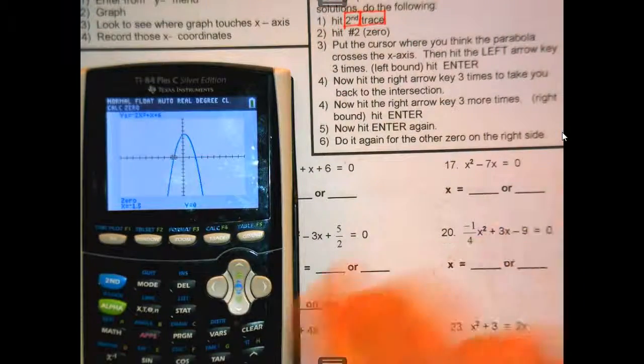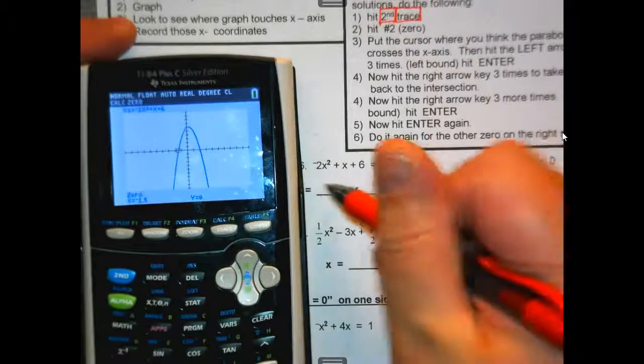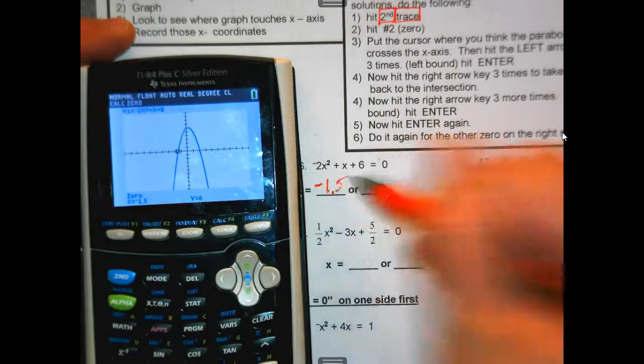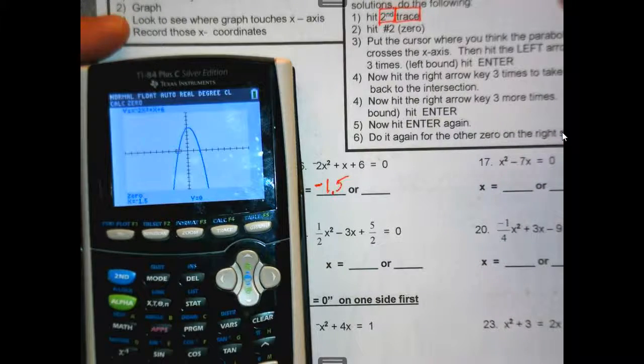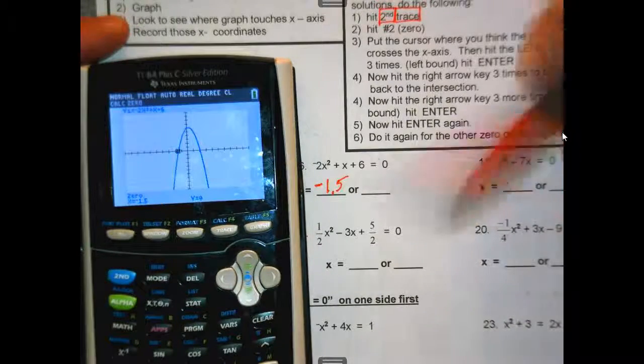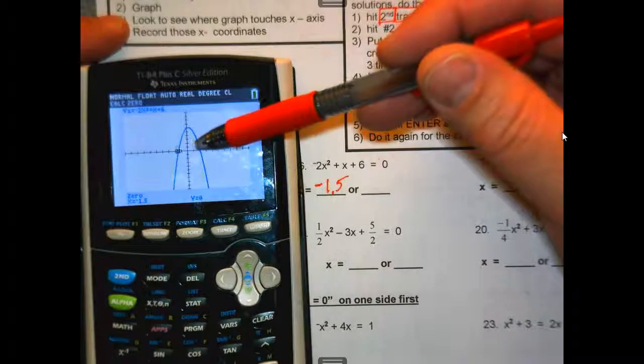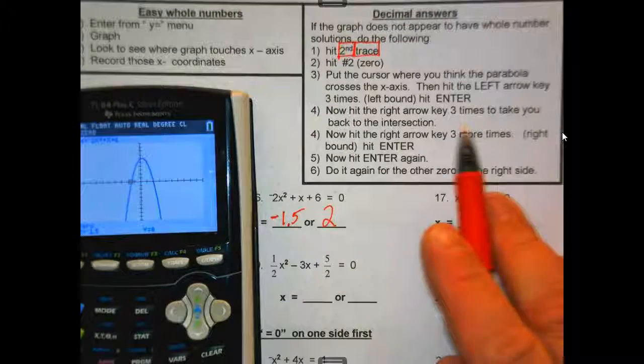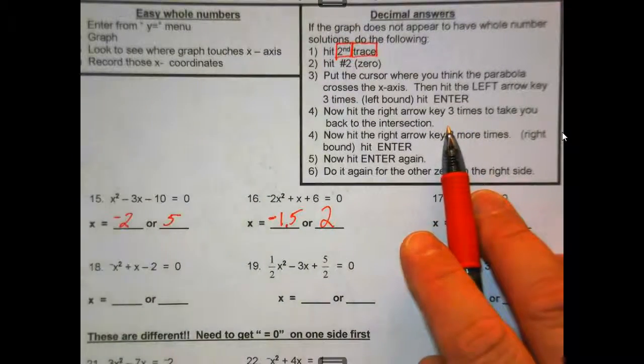So my x-intercept is -1.5. Now my other point is easy, because that's a whole number, 2. Don't lose this chart. You're going to use it on the quiz Wednesday.